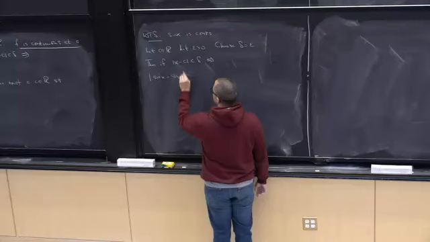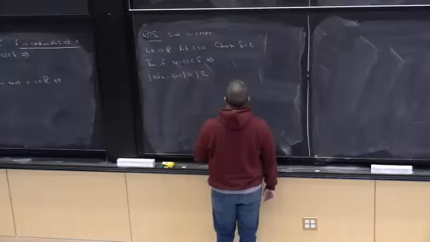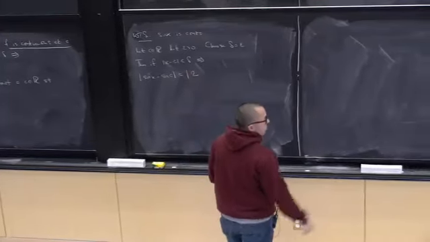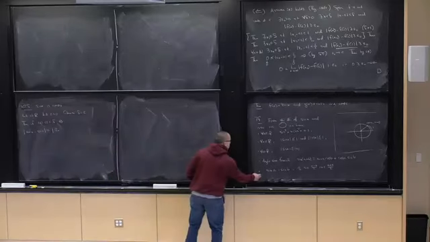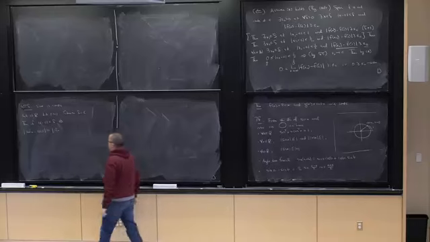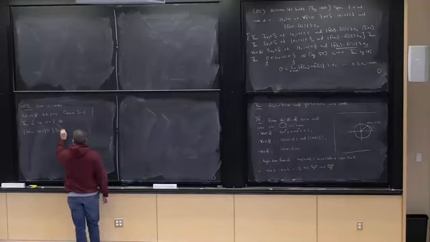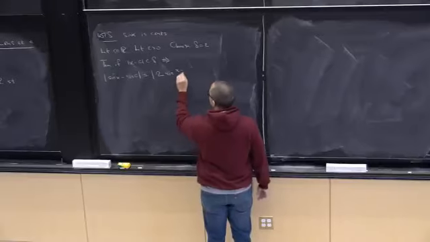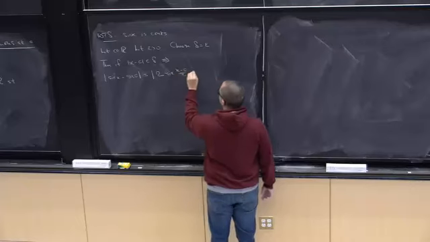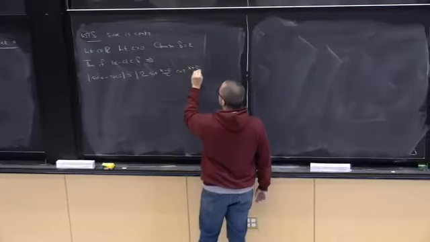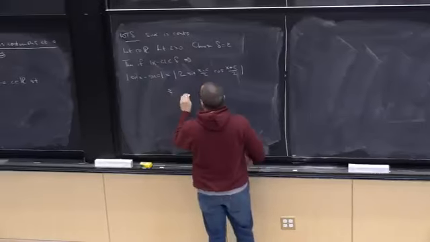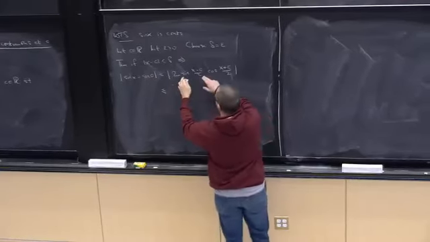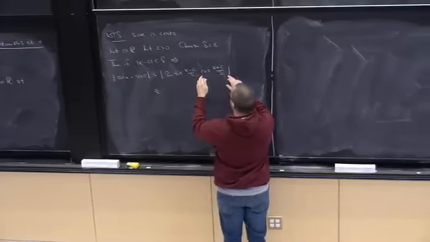So sine x minus sine c, by this last formula we have on the board over here, is equal to twice sine of (x minus c)/2 times cosine of (x plus c)/2. And now this is the product of 2 times the absolute value of sine times the absolute value of cosine.